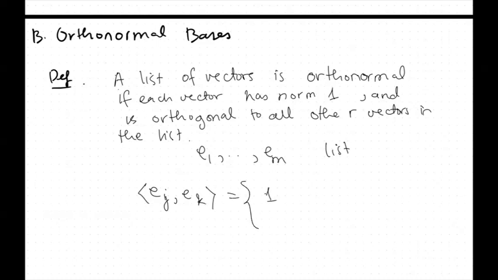This is equal to 1 or 0: 1 if j is equal to k, and 0 if j is not equal to k.